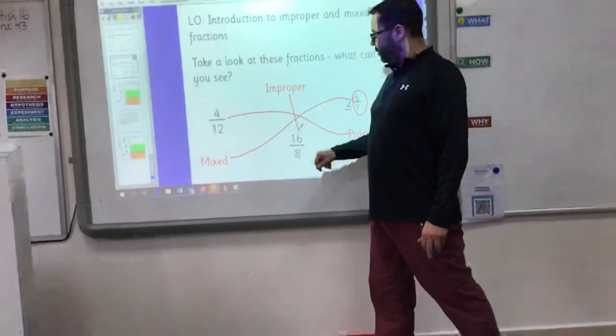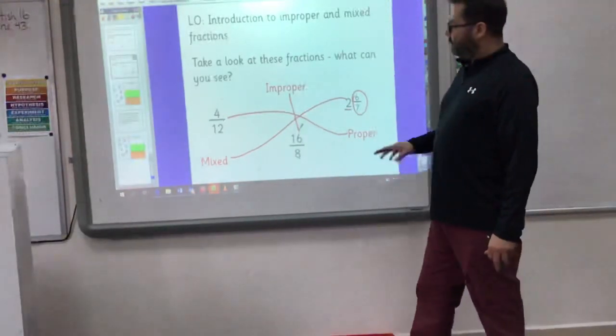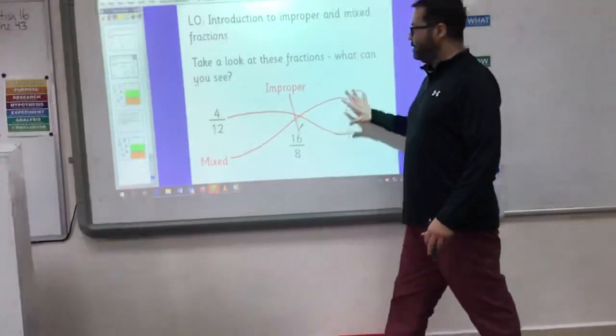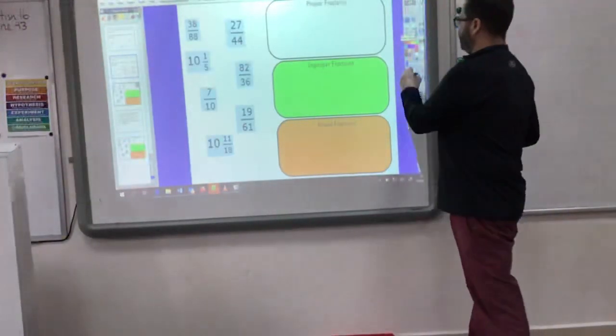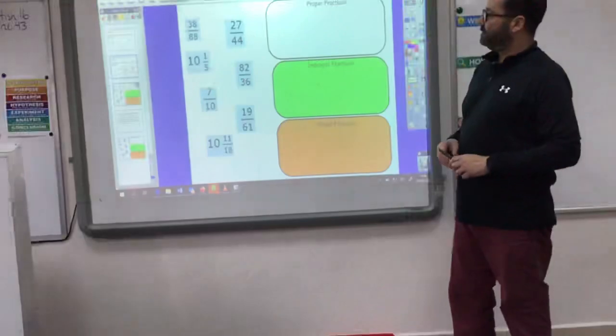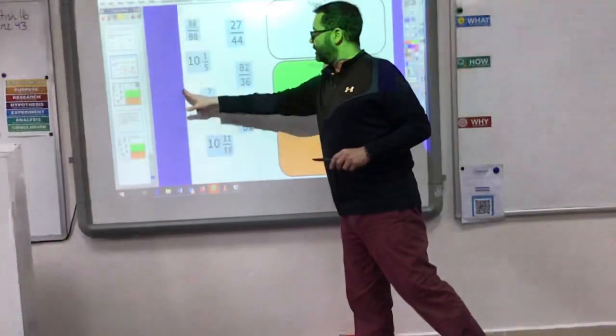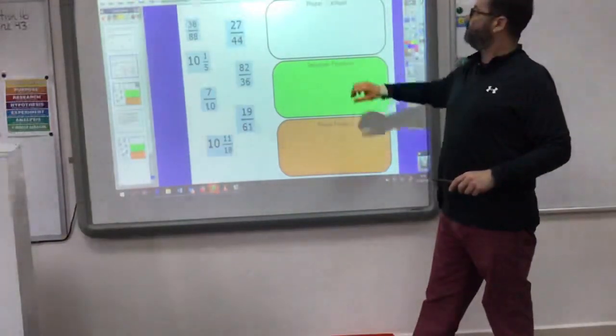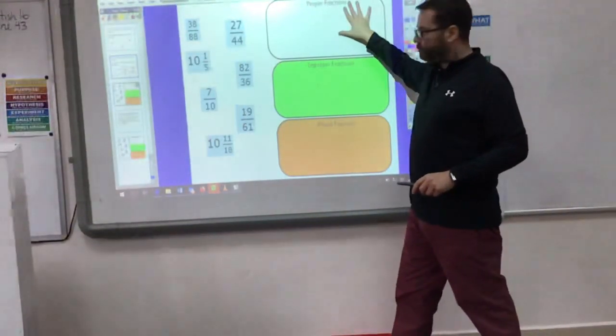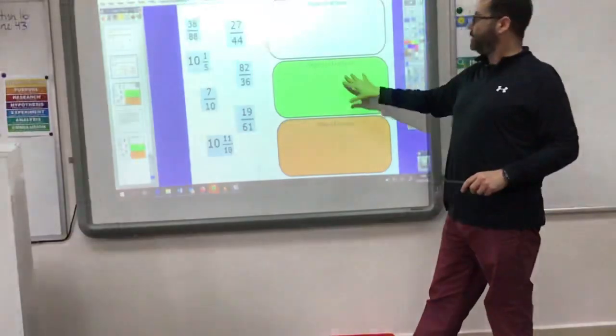Okay, so that helps me to complete my activity. Can I sort these fractions? Here are a set of fractions. Can we put them into their fraction families? Proper fractions, improper fractions, and mixed fractions.